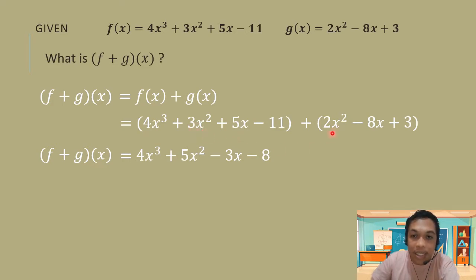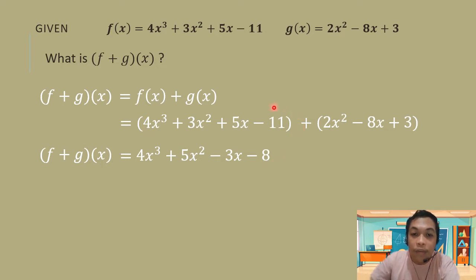We have 3 plus 2, that is 5, and then x squared. So, 3x squared plus 2x squared, that is 5x squared. Okay, 5x, it is like term with negative 8x. So, pwede natin sila ipag-combine. So, 5x minus 8x, that is negative 3x. And then negative 11 plus 3, that is negative 8.